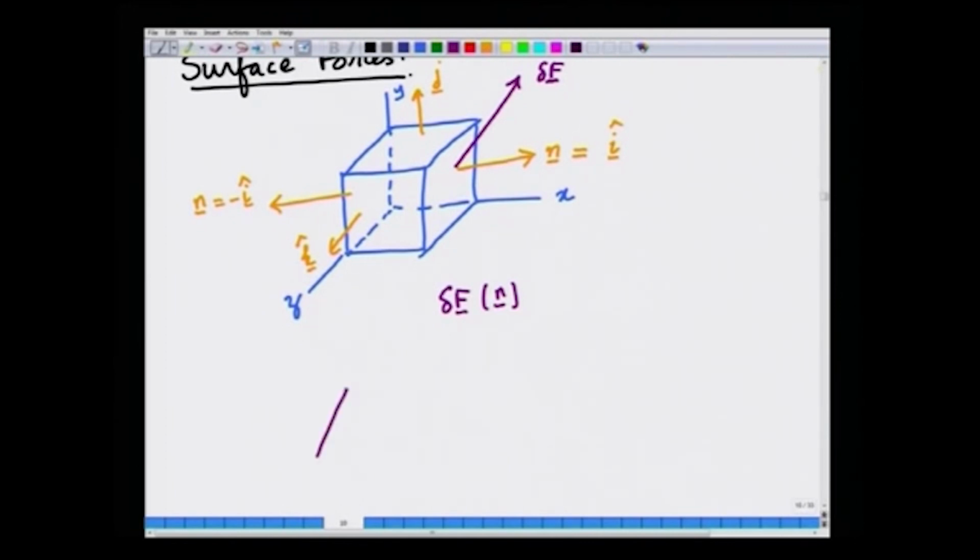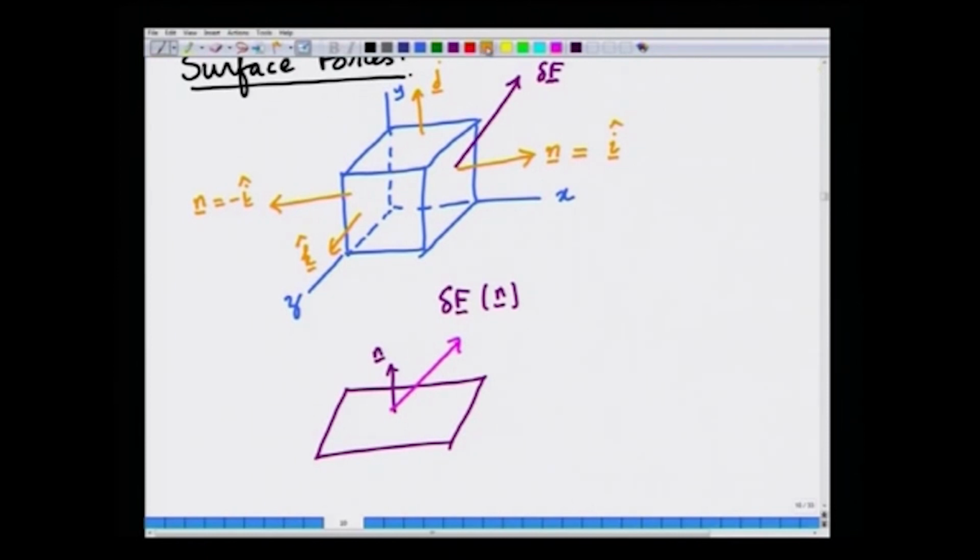Let us now draw a generic surface which has a unit normal, and this force can in general act in a particular way, delta f n.